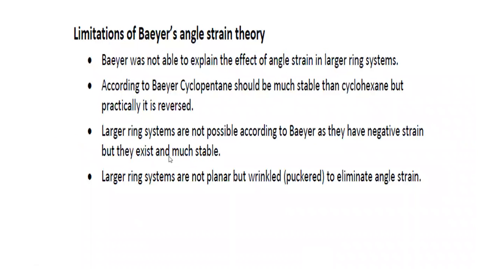So this is with respect to the angle strain theory, which is put forth in front of us by Bayer. But there are some limitations. What are the limitations of Bayer's angle strain theory? Bayer was not able to explain the effect of angle strain in larger rings.